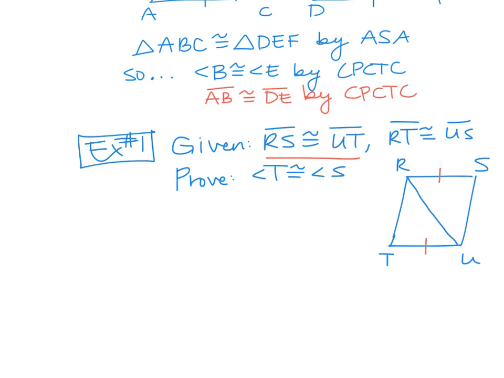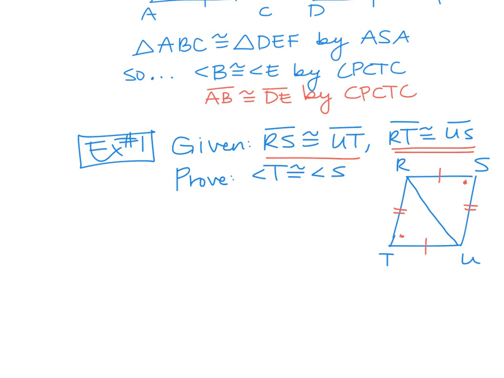And then RT is congruent to US, so I'm going to mark those here, 1, 2, and 1, 2. We're trying to prove right now that this angle is congruent to that angle, okay?